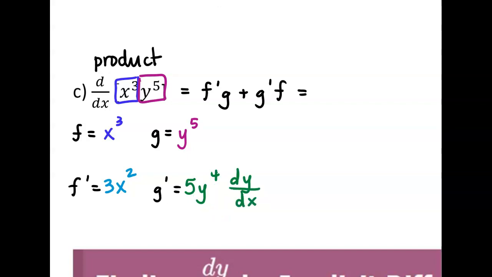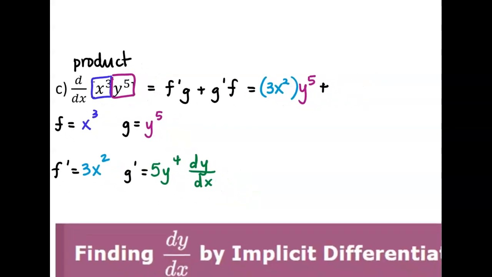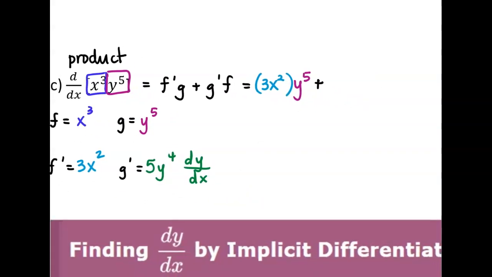So now that we have all four pieces, let's go ahead and plug into f prime g. So that's 3x squared times g, plus g prime f. So we're adding that to 5y to the fourth dy/dx multiplied by f, which is x to the third.